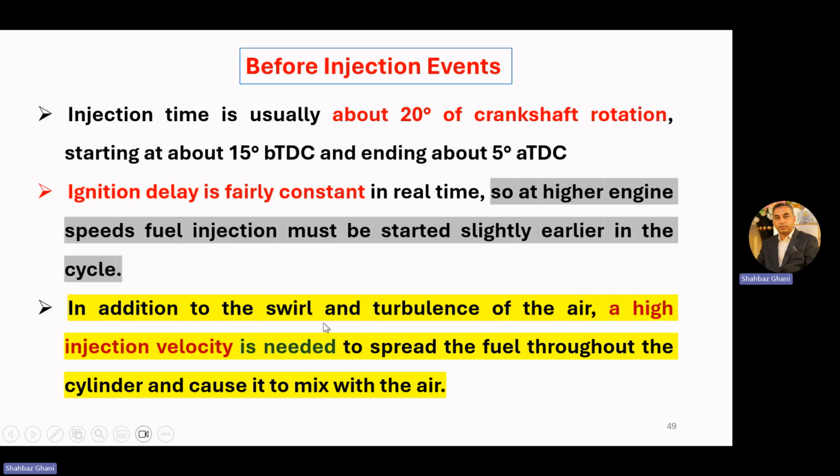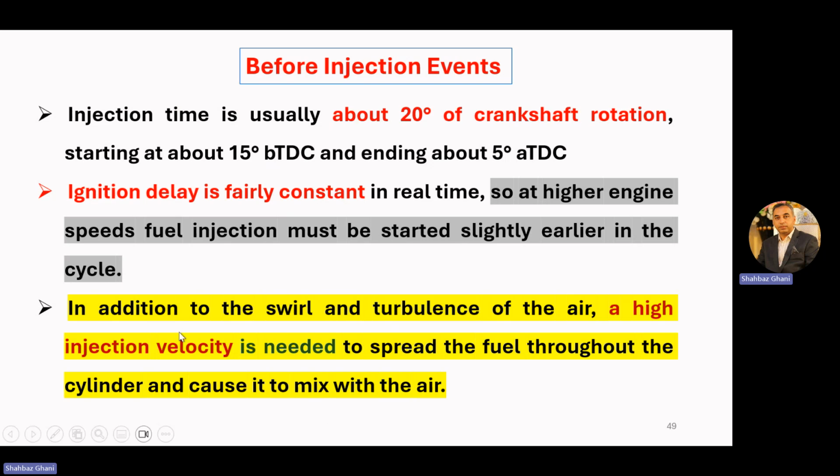In addition to the swirl and turbulence of the air, high injection velocity is needed to spread the fuel throughout the cylinder and cause it to mix with the air. Consider the piston moving from BDC to TDC in the compression stroke. A lot of compression is there, so pressure is high and temperature is high. There is a swirl motion and turbulence in the combustion chamber.